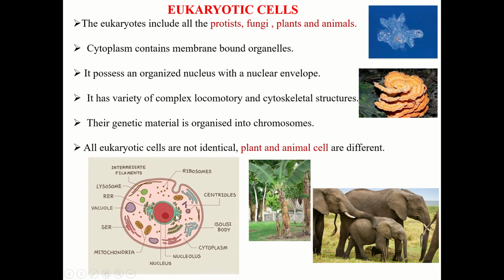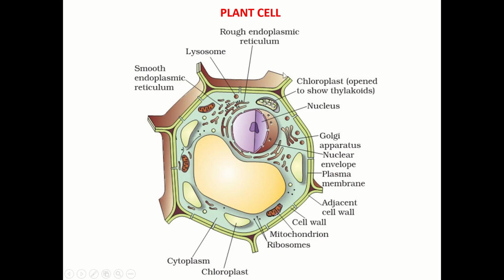All eukaryotic cells are not identical. Plant and animal cells are different. Although both are eukaryotic cells, you will find differences between the plant cell and the animal cell. This is the structure of the plant cell.